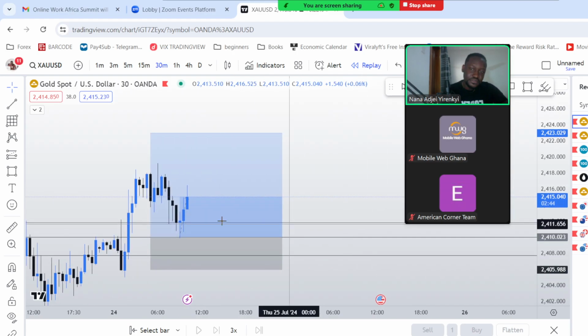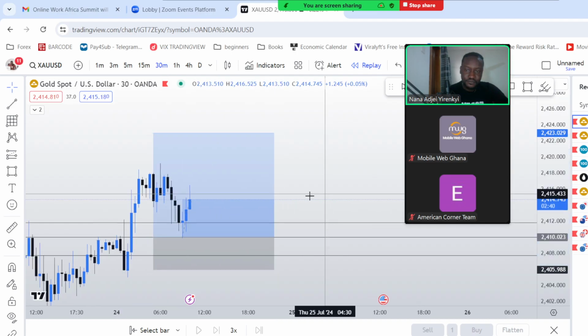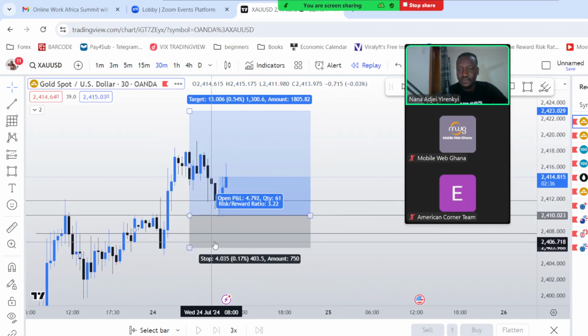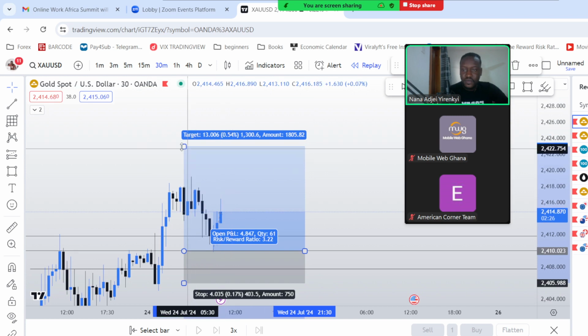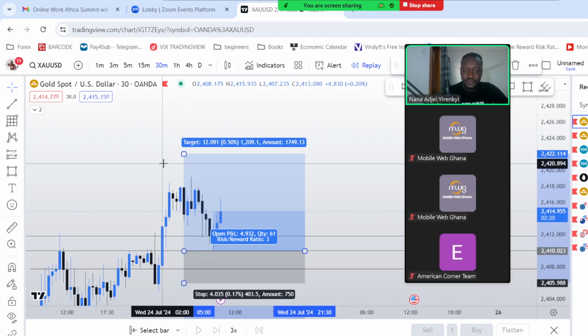So let's say I am using a lot size of 1 standard lot on this trade, because I know that my stop loss or my risk in pips is around 40 pips. And I know that I am using a risk to reward of approximately 1:2, which means I'll be targeting around 120 pips in profit.